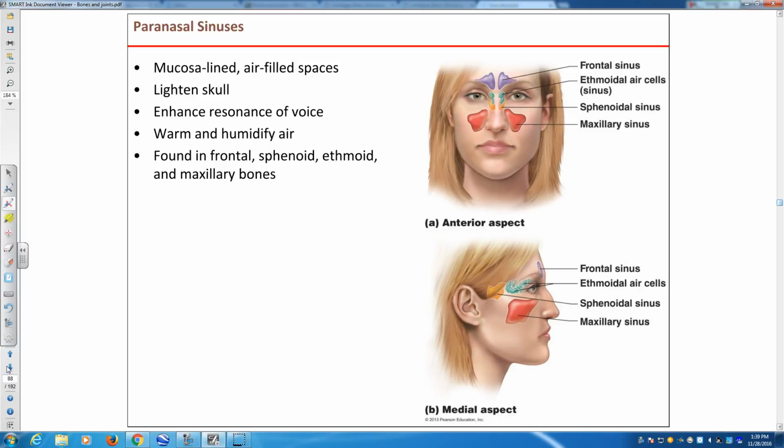And finally, sinuses can be found in the cranium. So we've got frontal, maxillary, and two that I cannot actually show because I would have to split my head in half: the sphenoidal and ethmoid. So you have ethmoid, I have sphenoid sinuses.